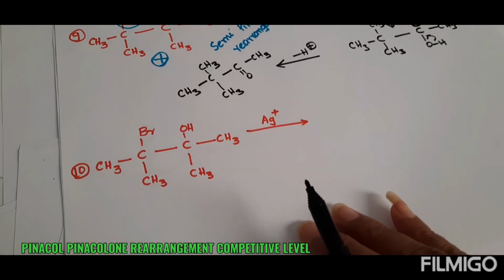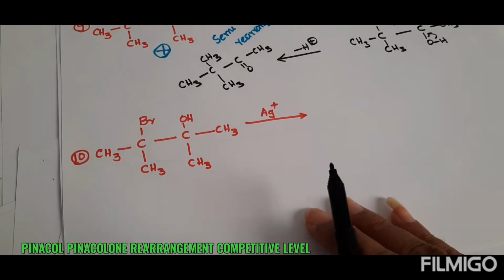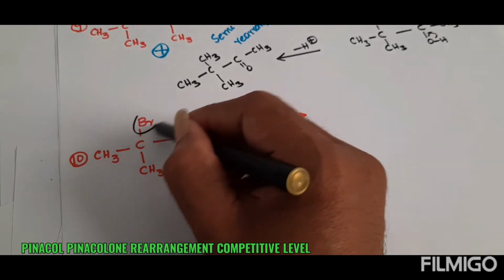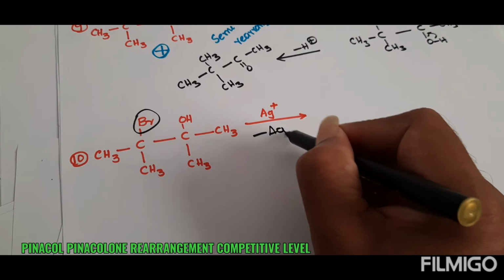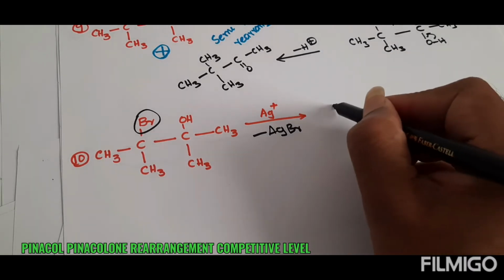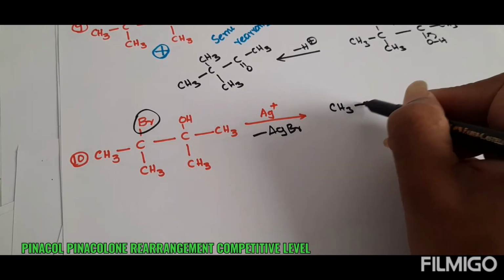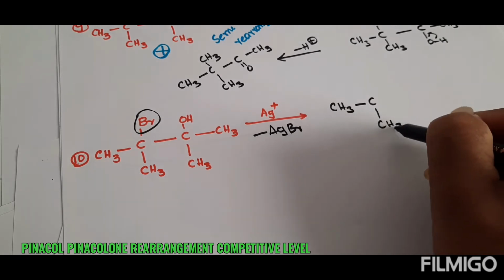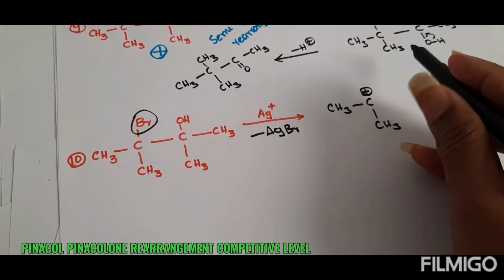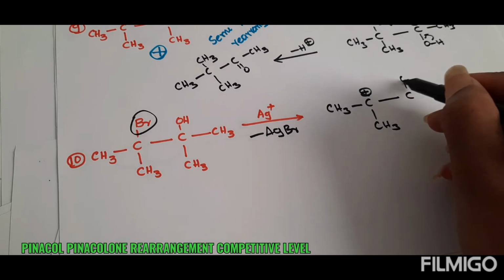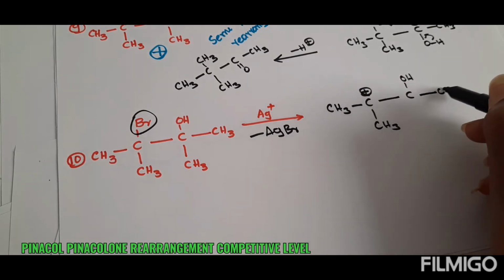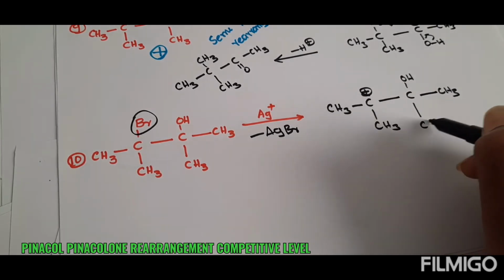The second reaction is also very similar. Here Ag plus will attack this Br and lead to the formation of a carbocation, CH3, and here is the positive charge, and C, here is OH, here is CH3, here is CH3.